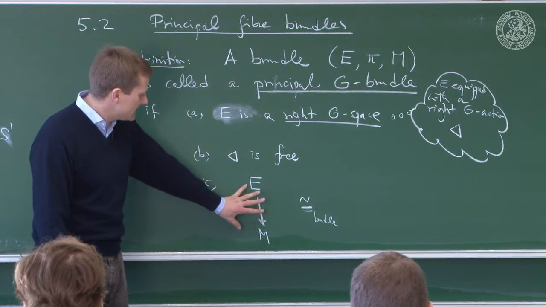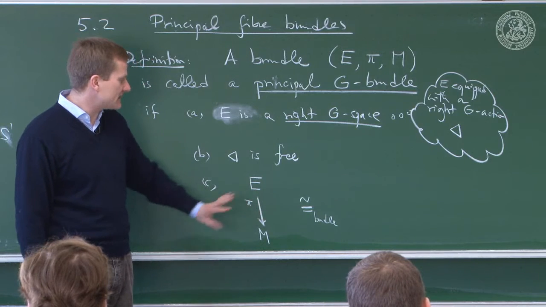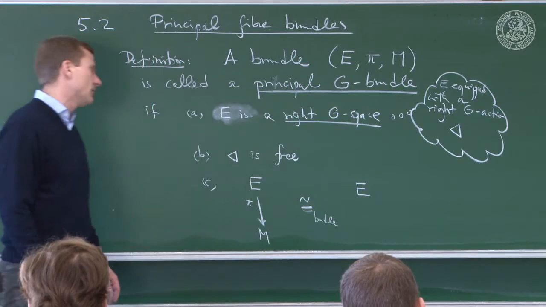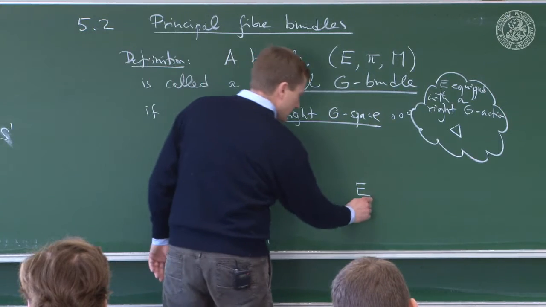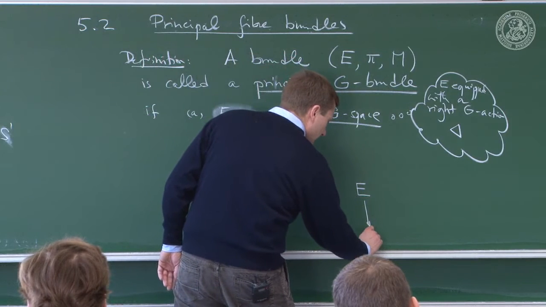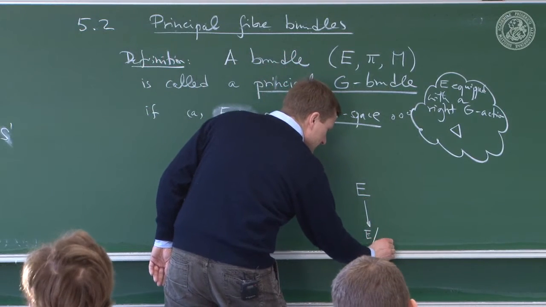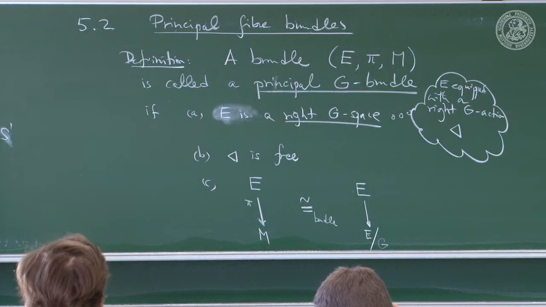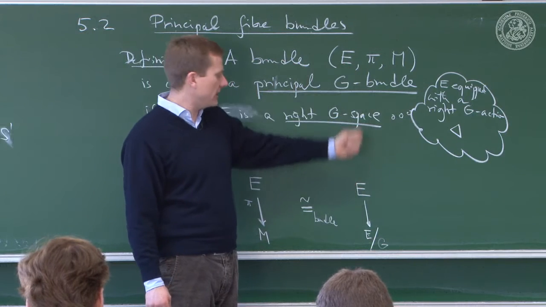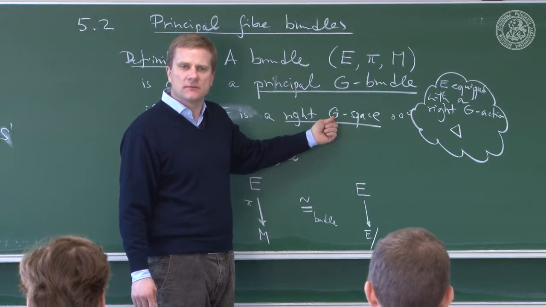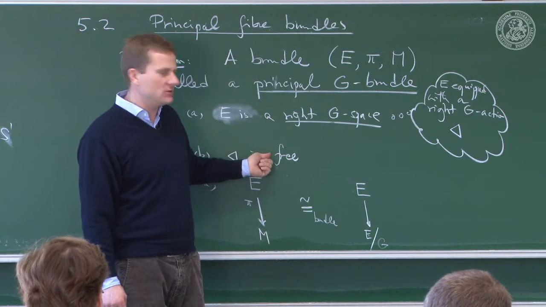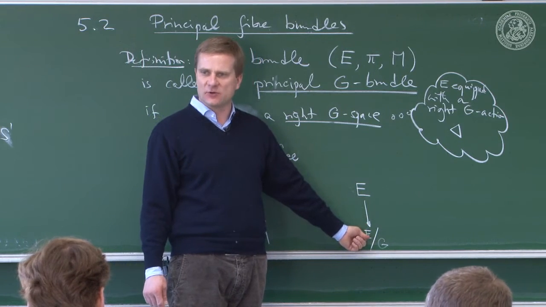But first the definition: this is called a principal G bundle if as a bundle it's isomorphic to the bundle built from the same total space E, going down into the orbit space of this total space under the action of the Lie group. So I have a manifold E, the total space, and I have a right G action on it. The G action is free. That means every orbit of this G action is the group itself, isomorphic to the group.